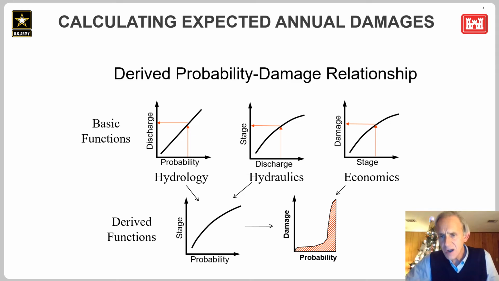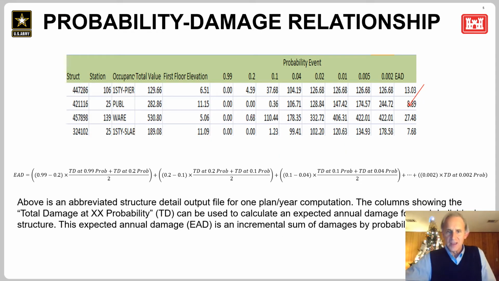The area under that curve: when I first started working for the Corps in 1985, there was graph paper, and you counted the squares under the curve to calculate the area and come up with your expected annual damages. We've progressed a long way since then. Now we have a formula in a spreadsheet. This shows the structure detail output part of the model.